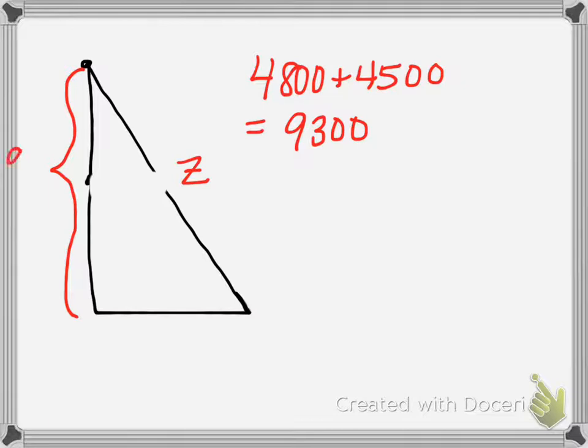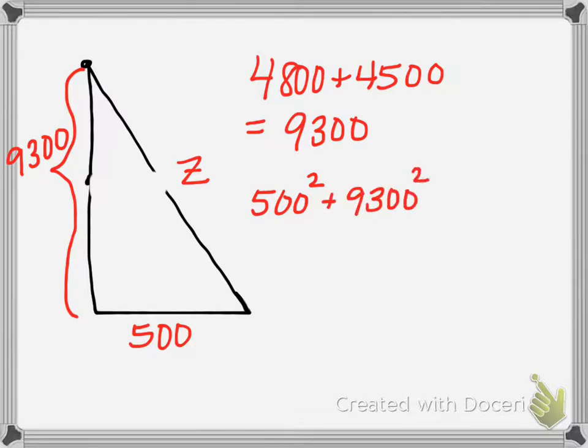So the man plus the woman, their distances together equal 9,300, and remember the base of this triangle was 500. So we can use the Pythagorean theorem to figure out the value of Z at this moment, 15 minutes after the woman starts walking. So 500 squared plus 9,300 squared is equal to Z squared.